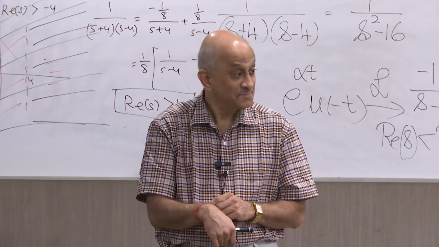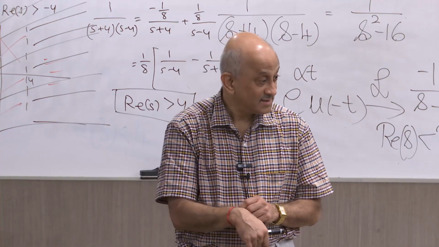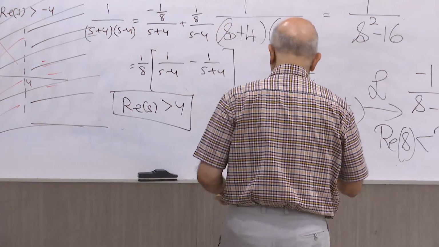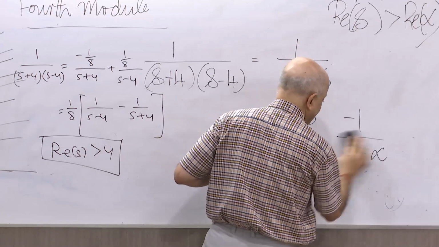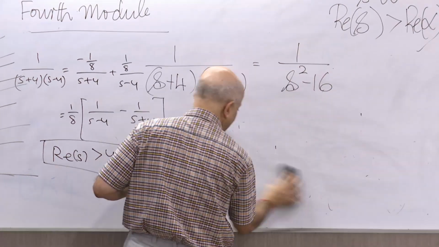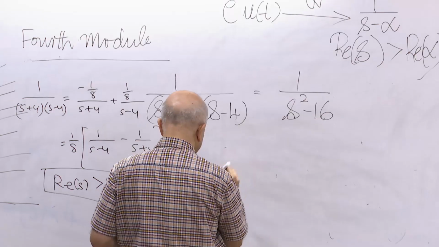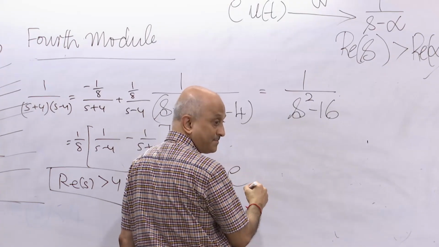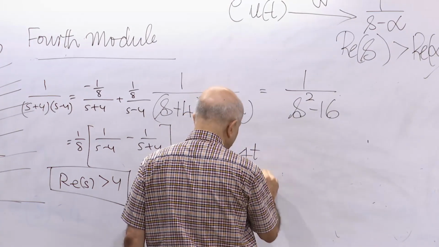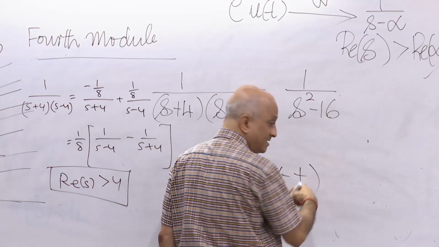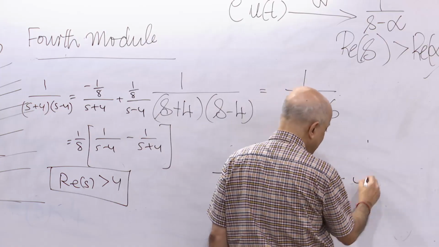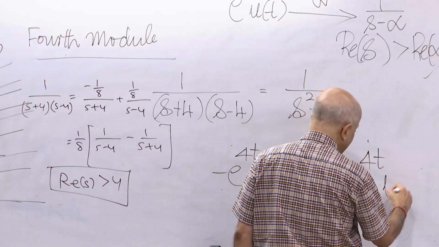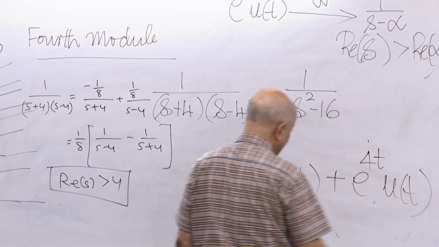The inverse Laplace transform for that will be minus e to the power 4t u(minus t) plus e to the power minus 4t u(t).